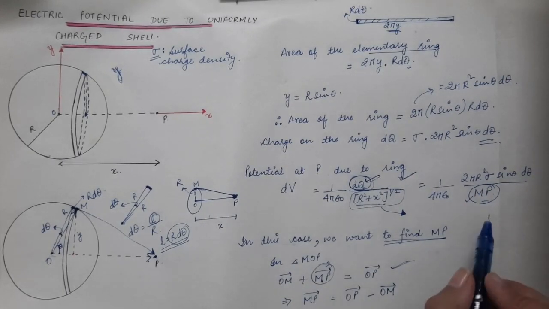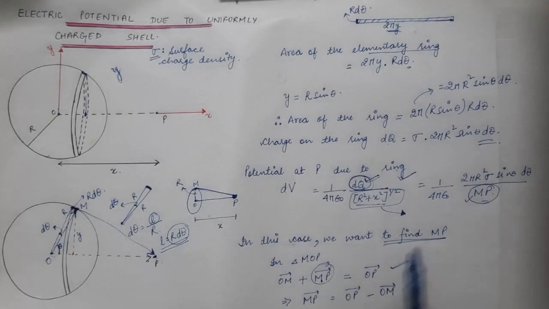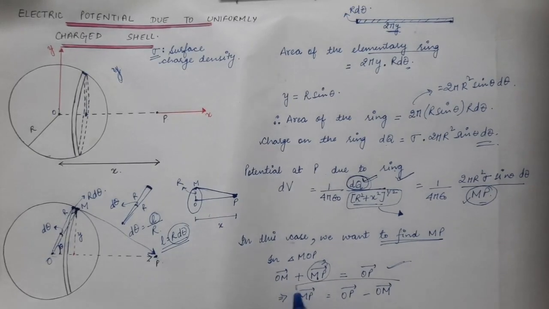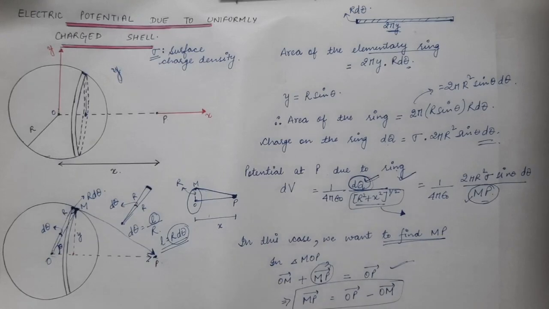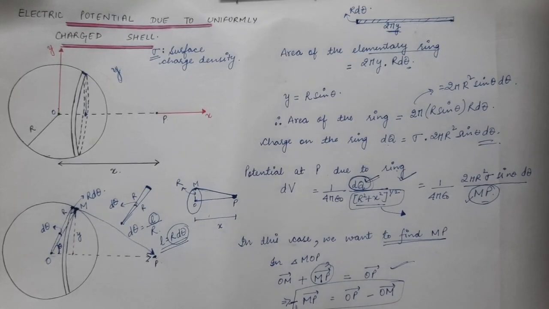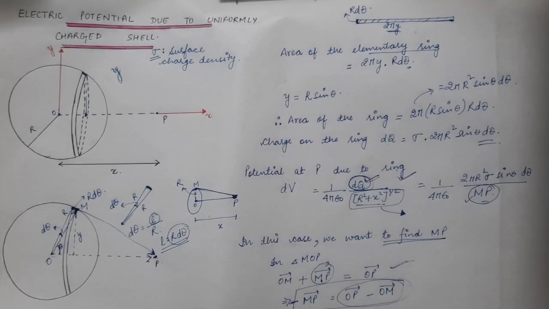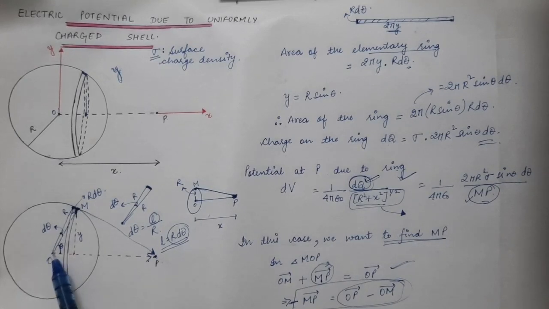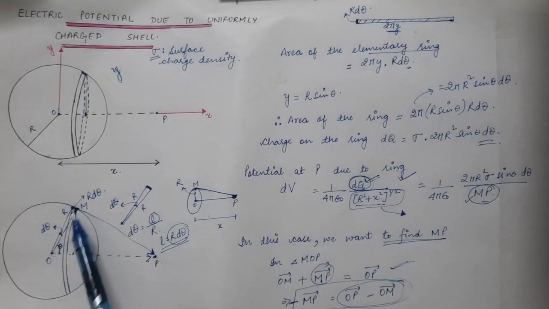So to find the magnitude, we will do the dot product of this equation with itself, that is, the left hand side with the left hand side, and the right hand side with the right hand side. And keep in mind that OM vector and OP vector make an angle of theta with each other.